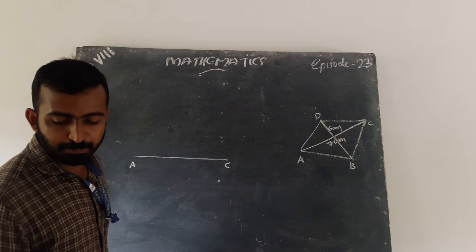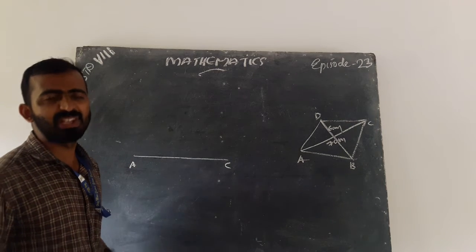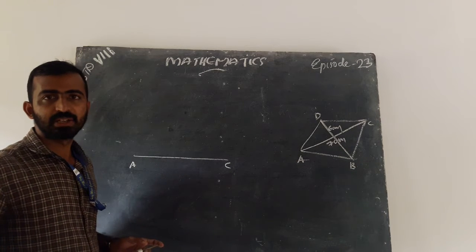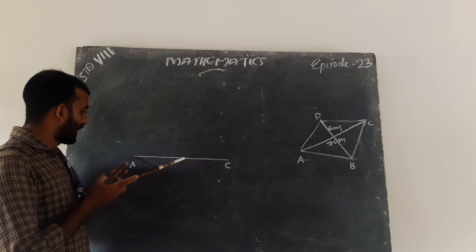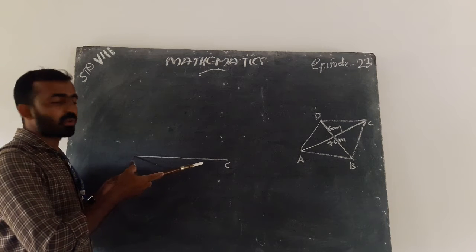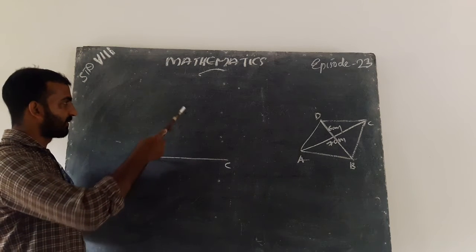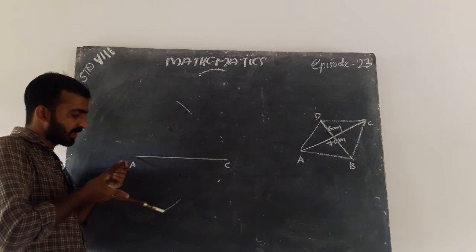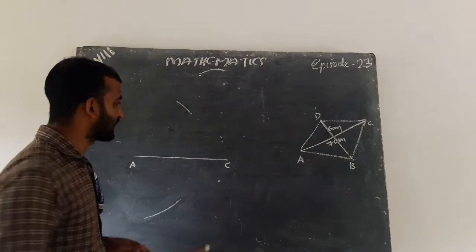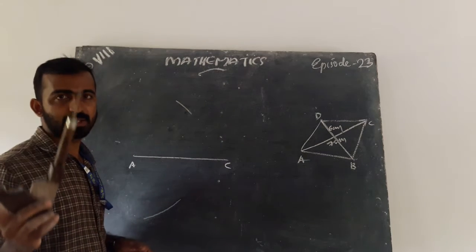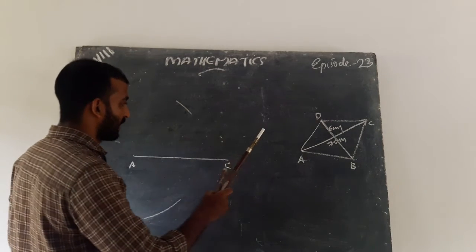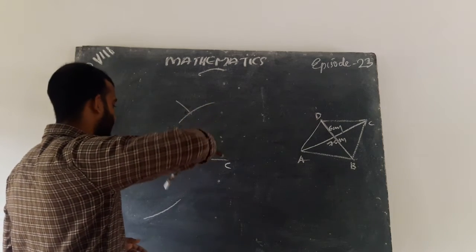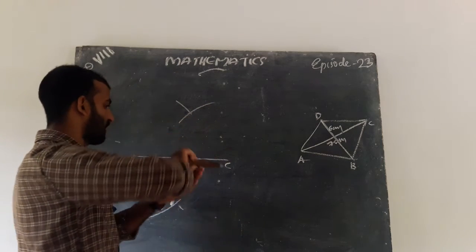Next we draw the perpendicular bisector. In which way do we draw the perpendicular bisector for AC? We hold the compass at A, take more than half the length, and draw an arc on the upper side and lower side, without changing the compass measure. At C we also draw an arc on the upper and lower side.